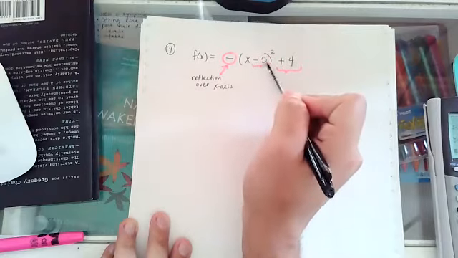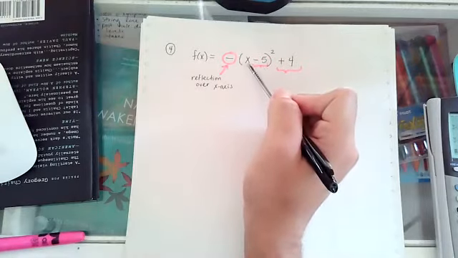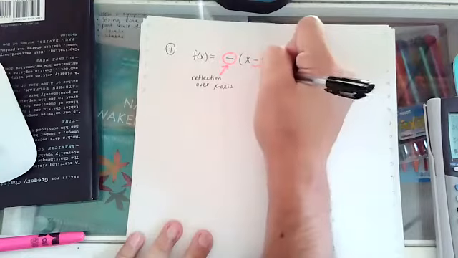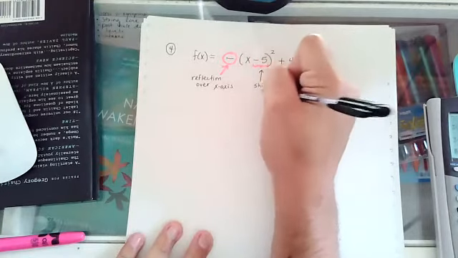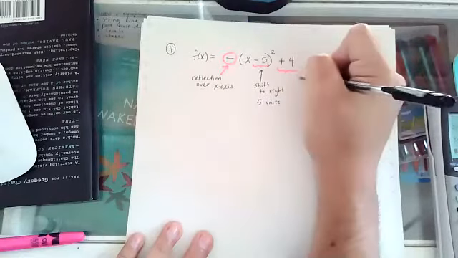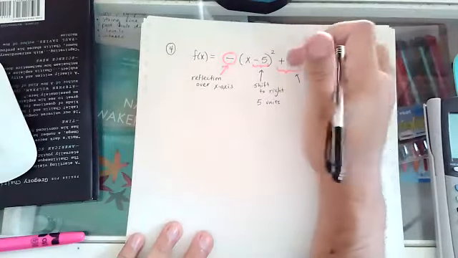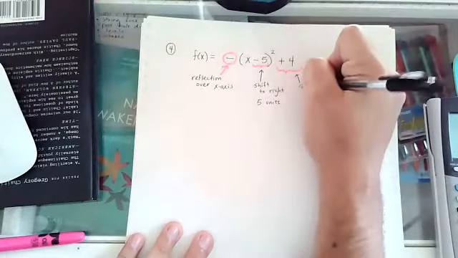But we are subtracting a number from the input, the x value. So if we're subtracting a number, that says that we're going to shift to the right 5 units. And then this one is saying we're shifting up 4 units. Does that make sense?